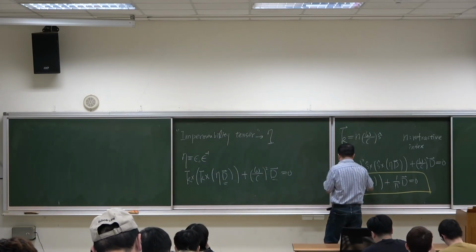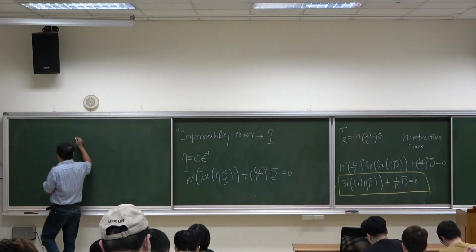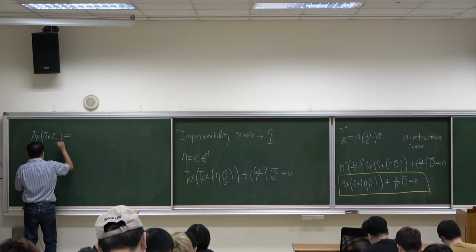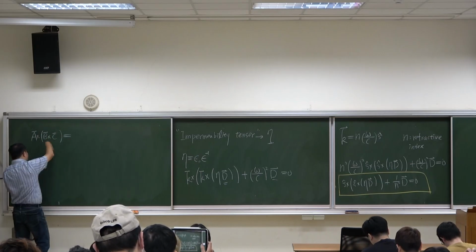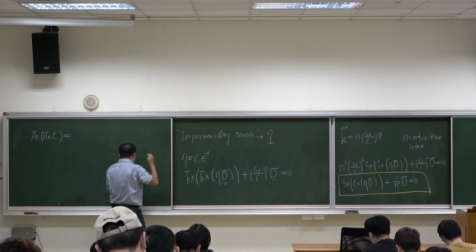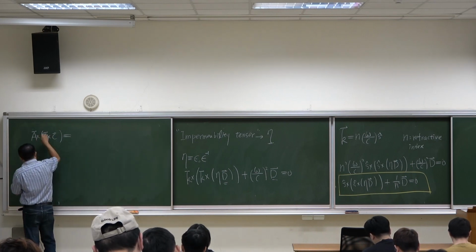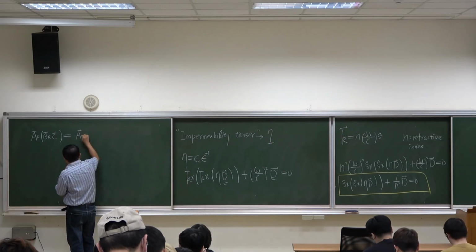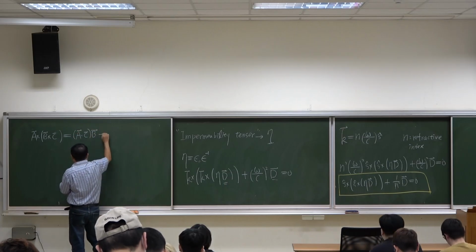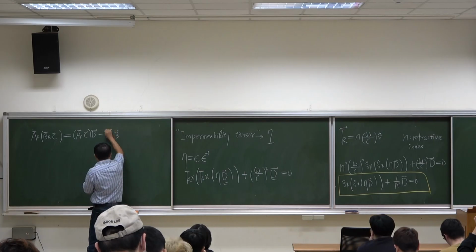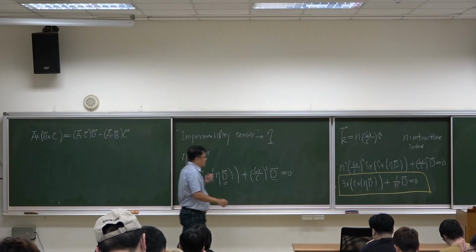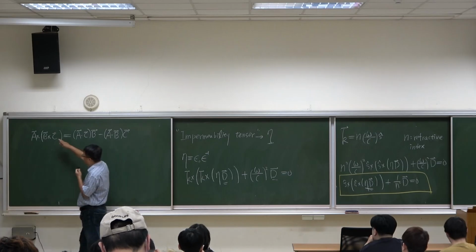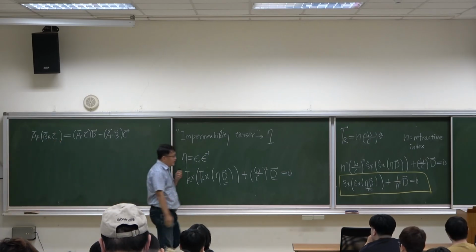According to vector analysis, A cross B cross C, for three vectors, if we consider this kind of cross product and the cross product twice, the result is equal to A dot C times B minus A dot B times C. Now this eta D is just this C vector, and A and B are both equal to this S vector.